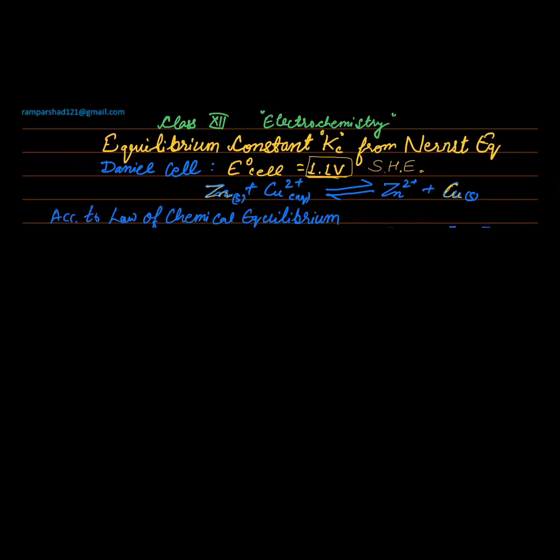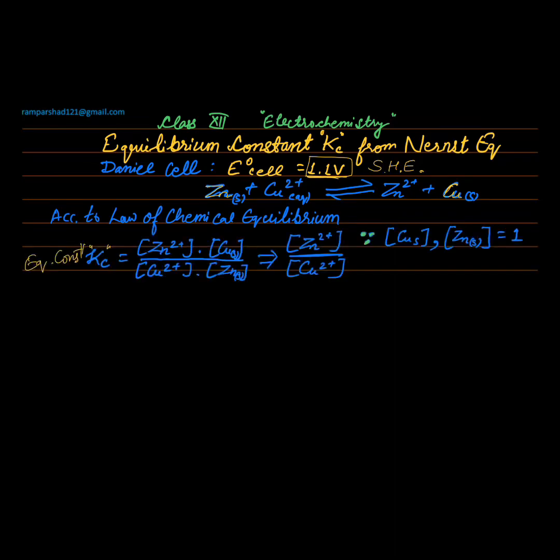So now, according to the law of chemical equilibrium, the equilibrium constant, that is Kc, is equal to the product of the concentration of the product.